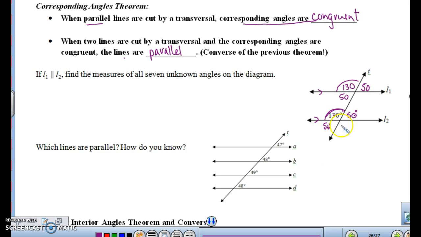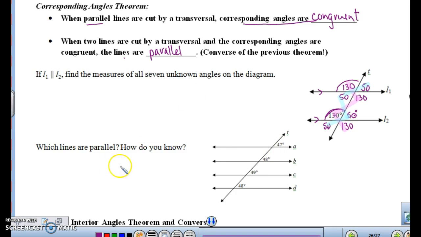And finally, over here, we can say that these two are supplementary or these two are congruent. So if this one's 130, that one's going to be 130. Notice the zigzag. All of the angles that are diagonal from each other are the same both ways. So if you know one of those angles, using corresponding angles, vertical angles, and supplementary angles, we can find all measures of the angles.